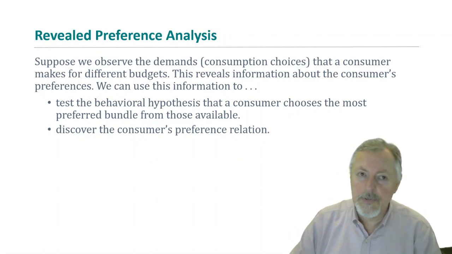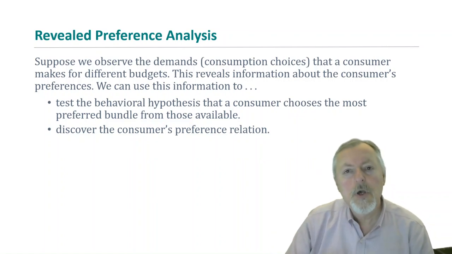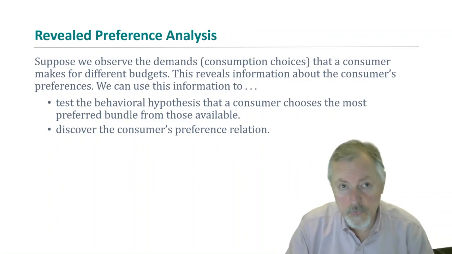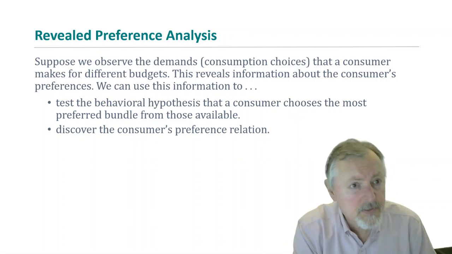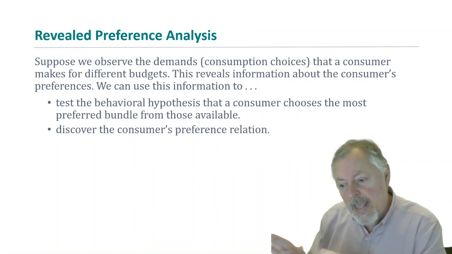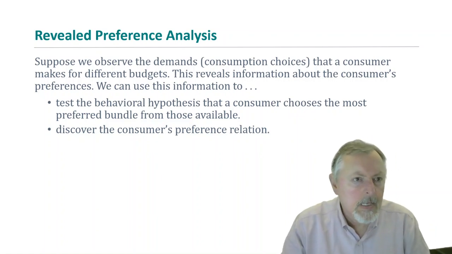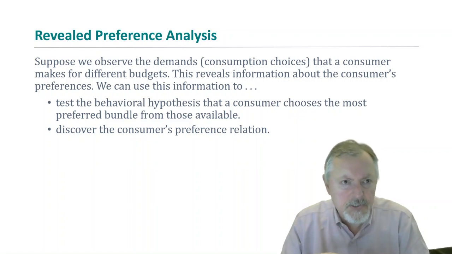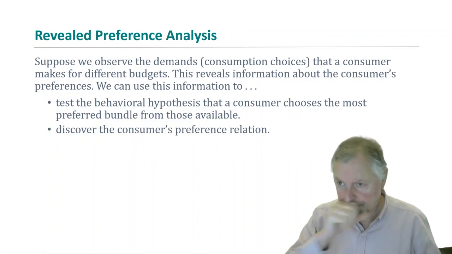You can observe their choices. So revealed preference is watching what people choose, and from their choices going the other way and predicting their preferences. In this way, we can look at choices and use those to estimate the indifference curves.